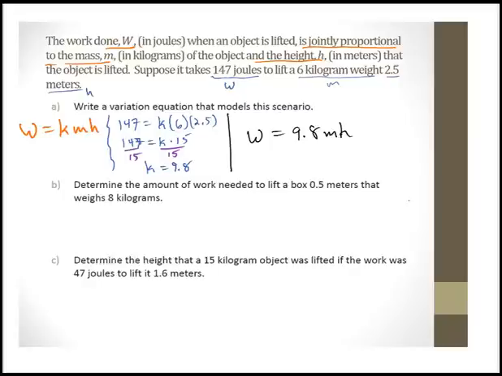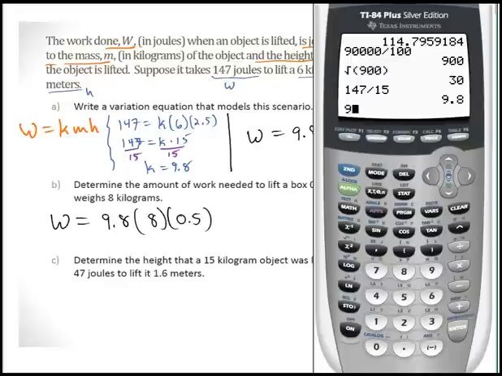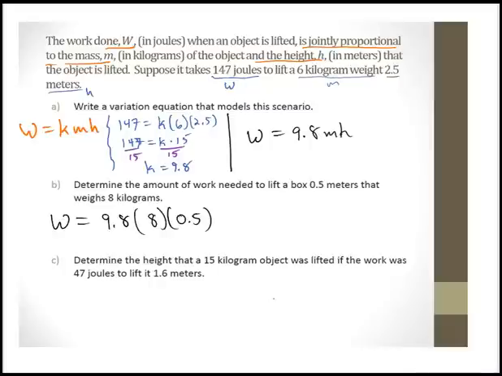Determine the amount of work needed to lift a box 0.5 meters that weighs 8 kilograms. The amount of work, W, would equal 9.8 times the mass, 8, times the height lifted, 0.5. 9.8 times 8 times 0.5 is 39.2.